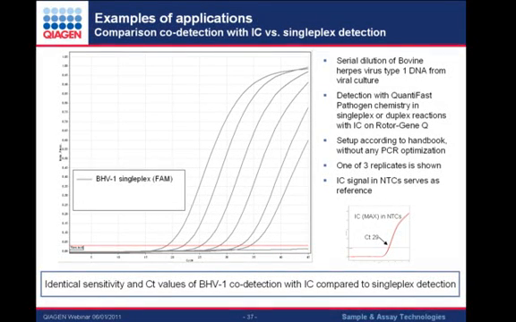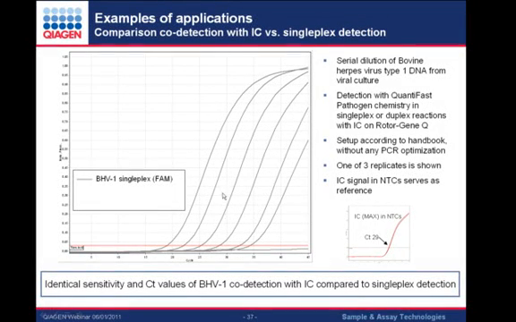target. In the example shown here, the serial dilution of bovine herpes virus DNA from viral culture was detected without or with the internal control on the Rotor-Gene Q. The setup was done according to the handbook without any optimization.